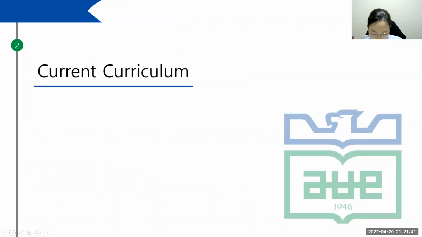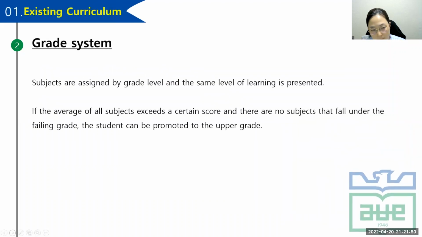And now let's talk about the school year system that is still in effect. It is true that credit system is being implemented in some schools recently as part of the Ministry of Education plan.